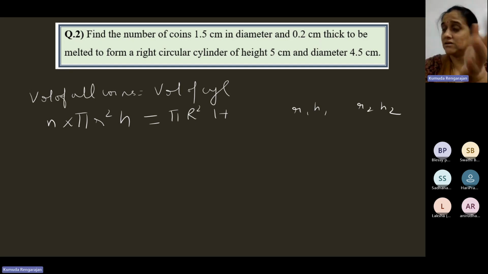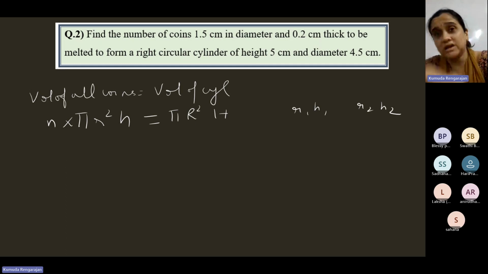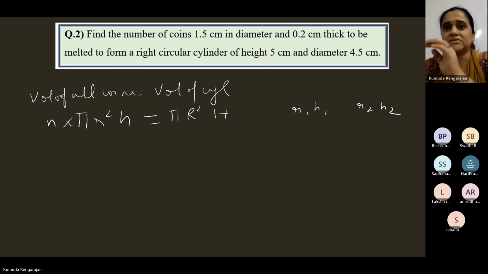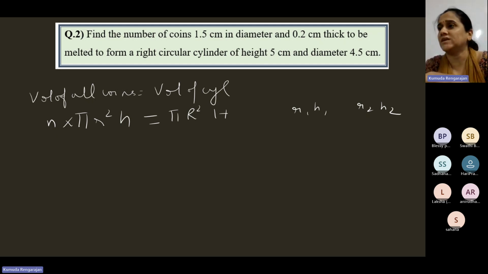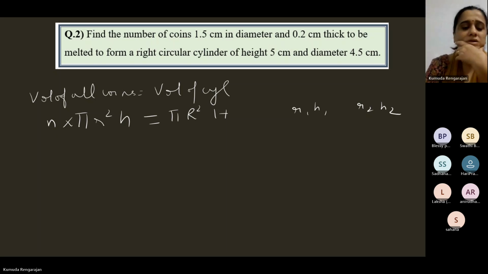Because one cylinder is about coins and the other is the new cylinder, they are two different cylinders with different radius and height, so you cannot use the same variable. For the coin I've used small r, small h; for the cylinder, capital R, capital H. Now pi gets cancelled on both sides.